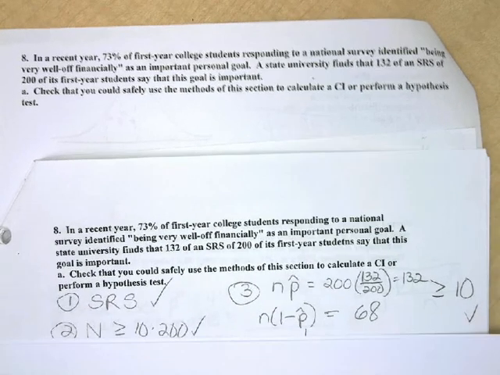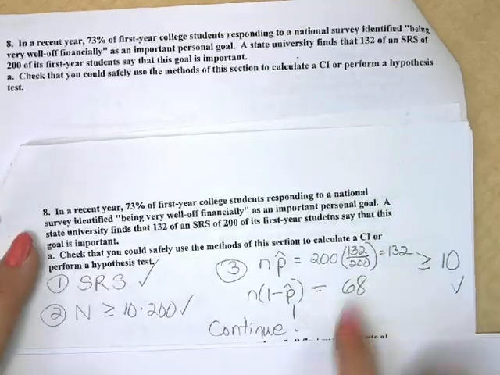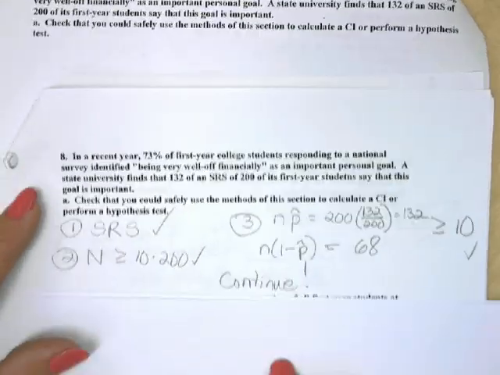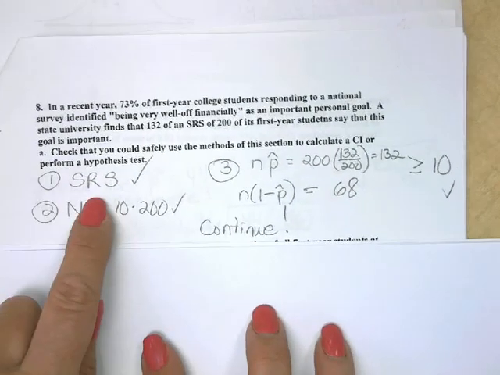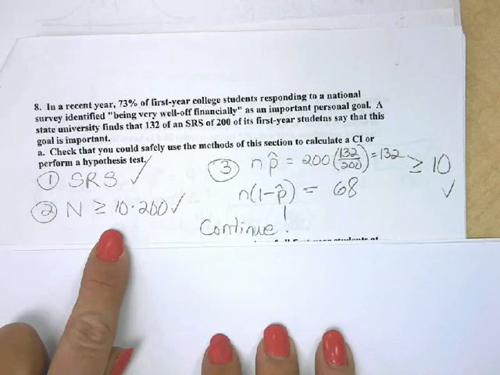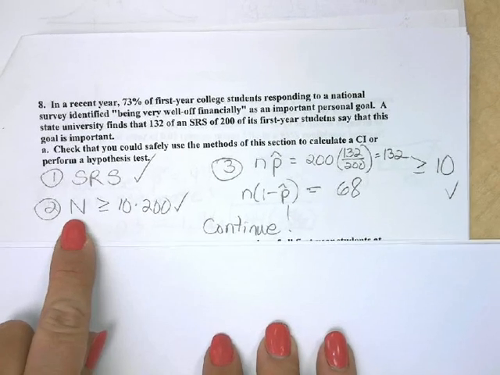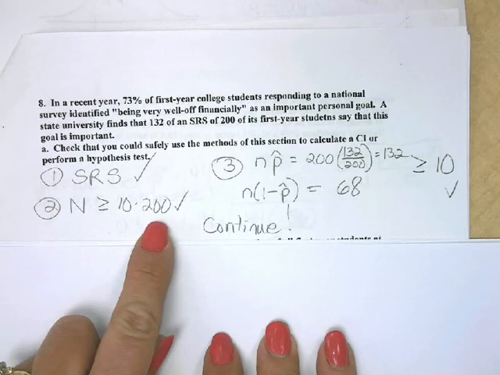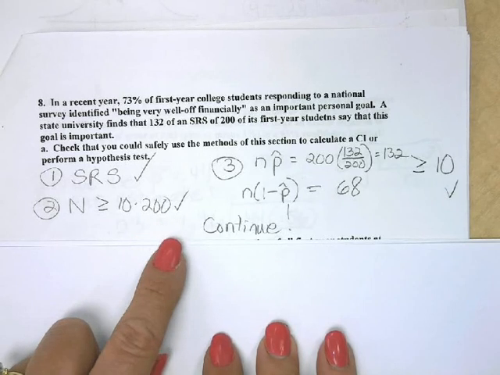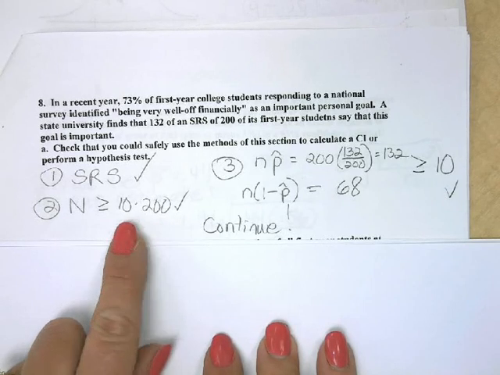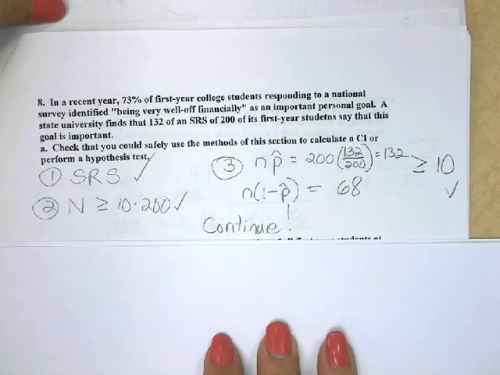So we know that in order to calculate a confidence interval or a hypothesis test, we need a simple random sample. Secondly, we need our population to be greater than or equal to 10 times the sample size. So as long as at this college, if we're dealing with first-year students, as long as we have at least 2,000 first-year students, we're good to go.